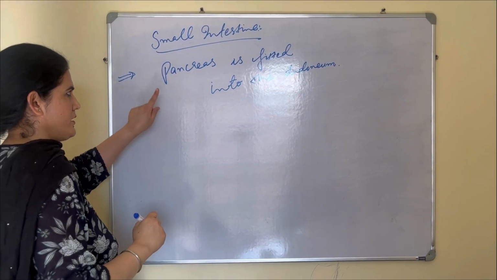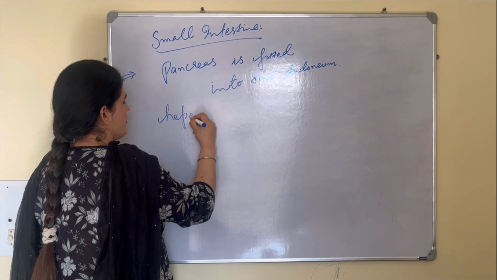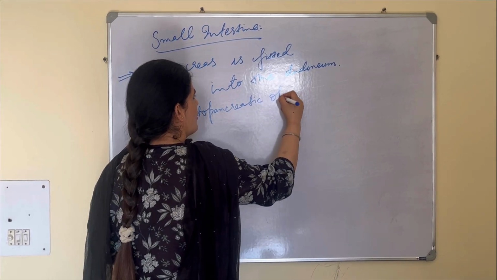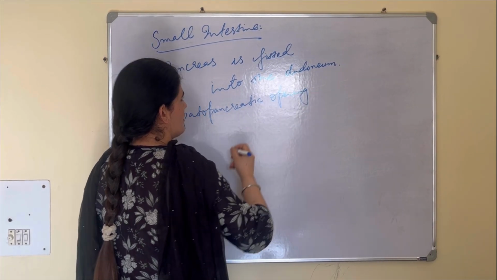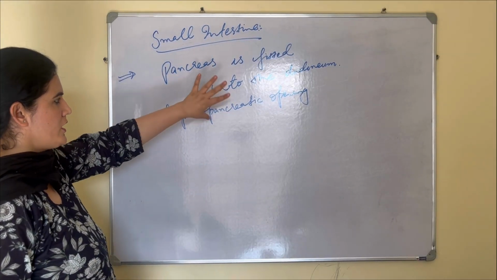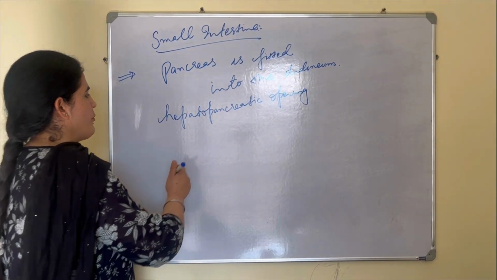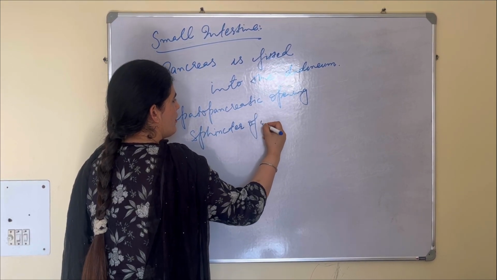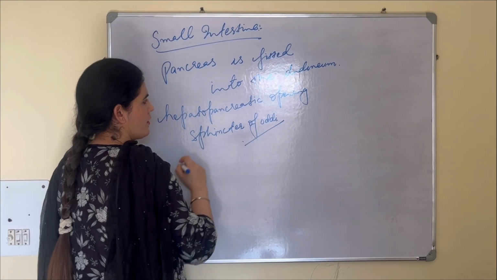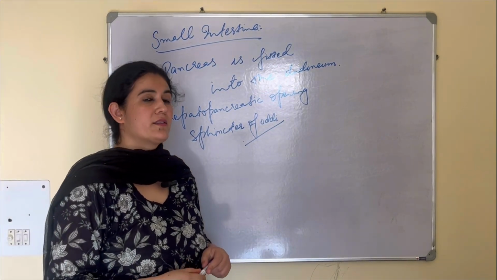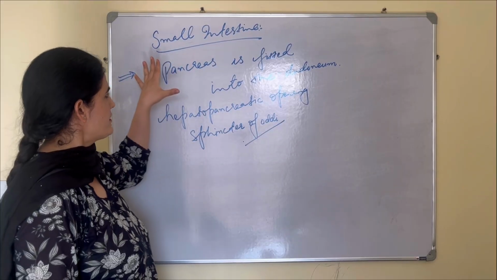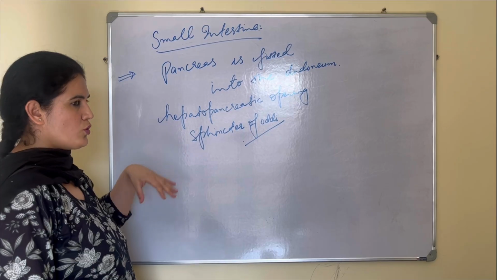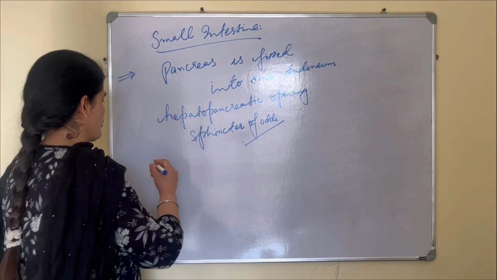We know this. Basically, there is an opening, the hepatopancreatic opening, which opens into the duodenum, and it's guarded by the sphincter of Oddi. So this we had discussed, and apart from this, we discussed that in the small intestine, villi are present, finger-like projections.